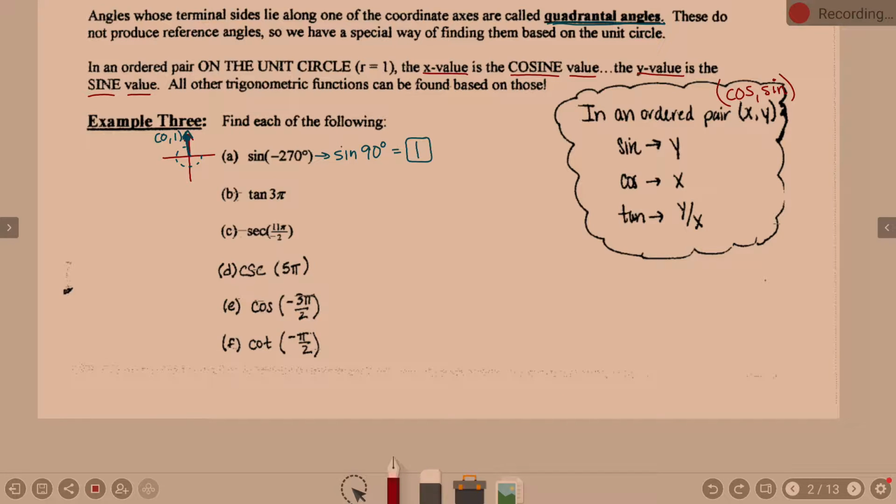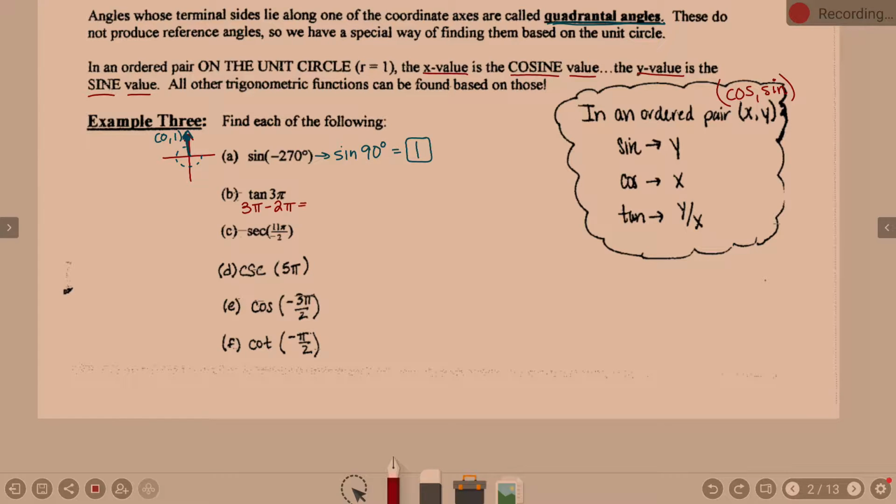Tangent of 3 pi. What do you know about tangent of 3 pi? It's more than 360. I don't look at 3 pi and think, oh my gosh, it's big, like I said earlier. But it is kind of big, right? It's bigger than 2 pi. So what is 3 pi the same as?